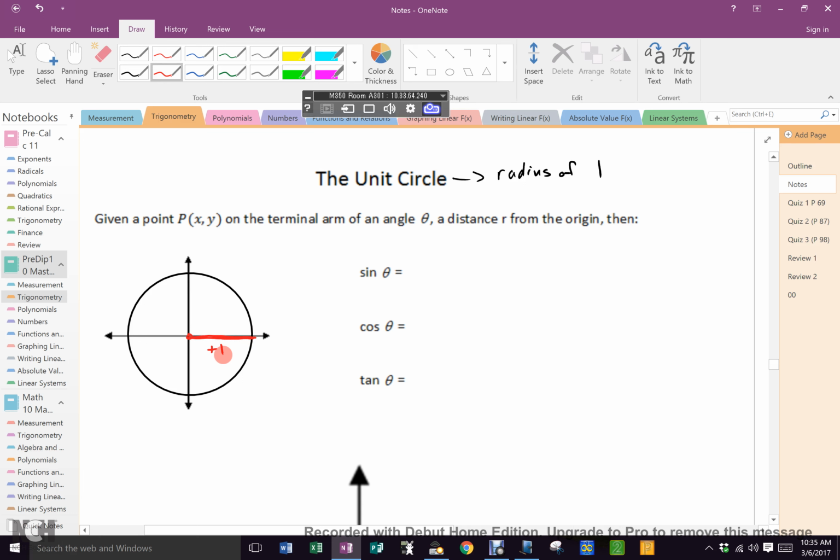What is this? Positive 1. What is this? Negative 1. And what is this? Negative 1. Everybody cool? Everyone agrees, yes? So if you're lying, you're dying.